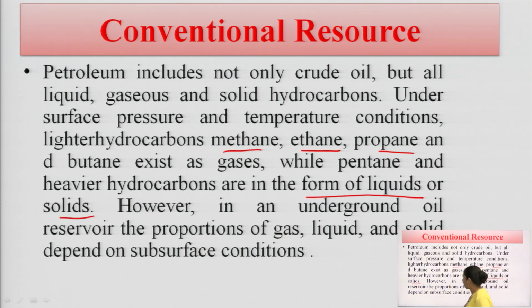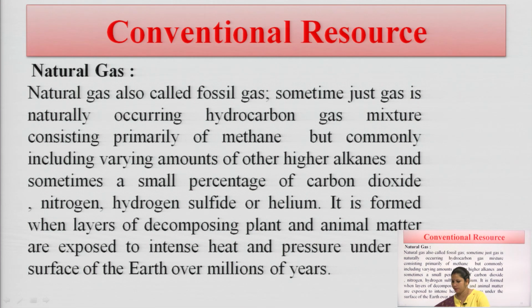This is very important. However, in an underground oil reservoir, the proportion of gas, liquid and solid depends on the subsurface condition. Subsurface condition means pressure as well as temperature.